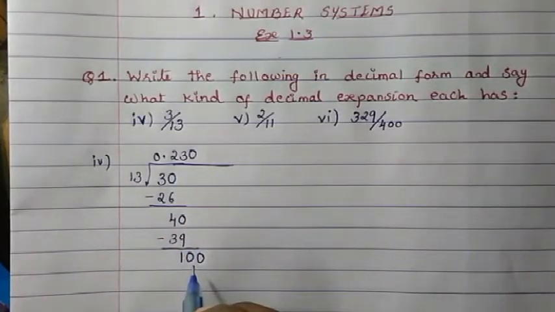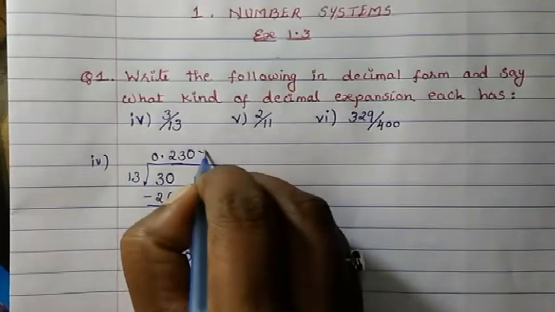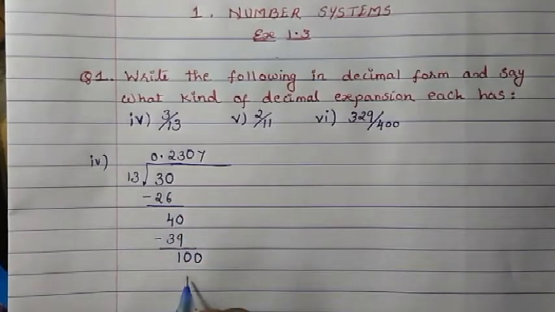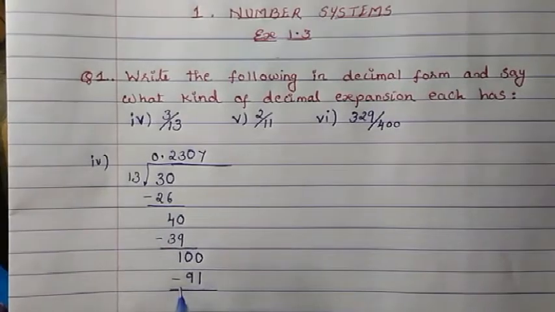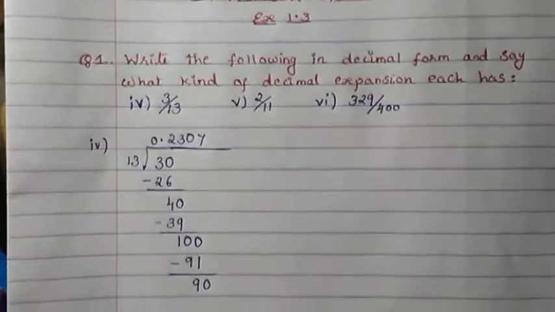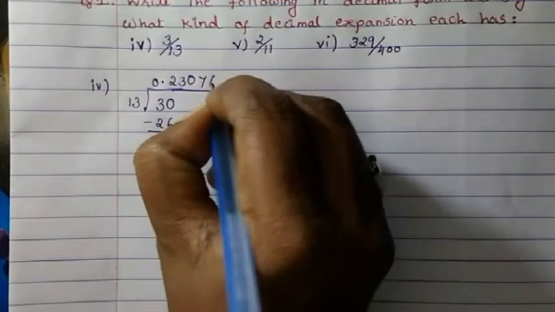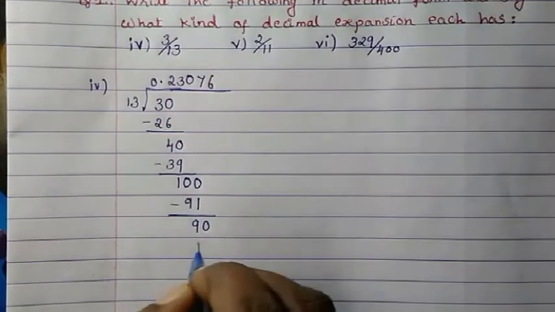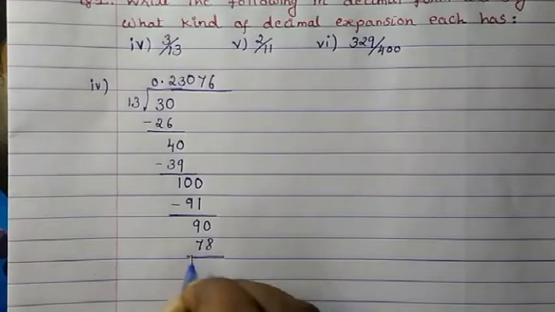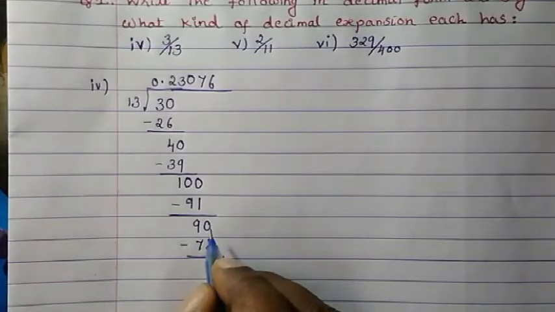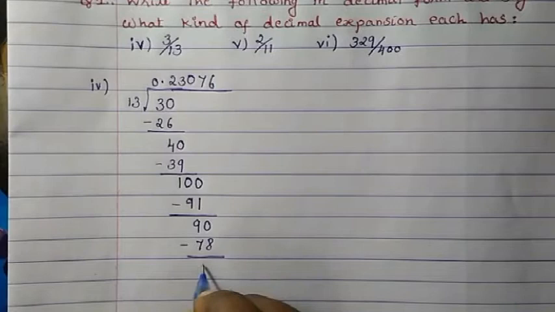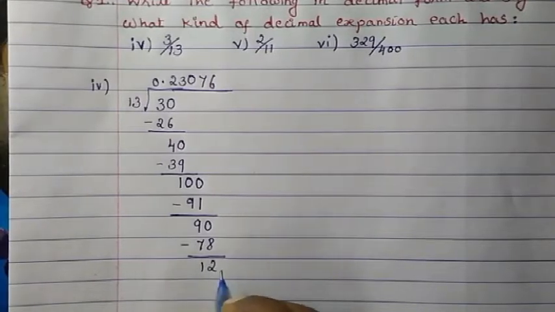Now, in 100, how many 13s do we have? 7 times 13 is 91, and from 100 minus 91, we get 9. Now we can add 1 more 0. Then 6 times 13 is 78, and from 90 if we minus 78, we get 12.